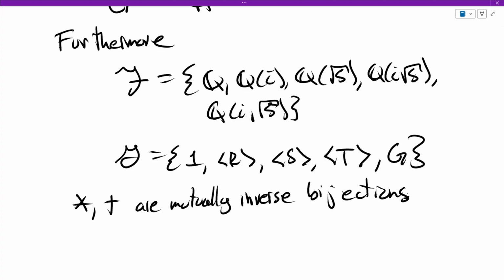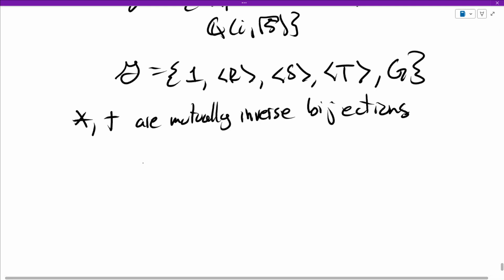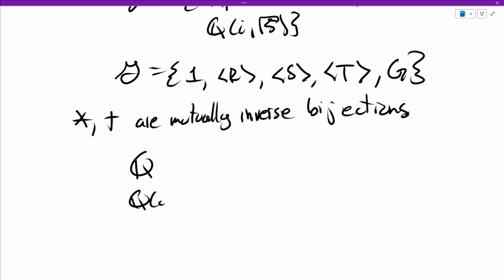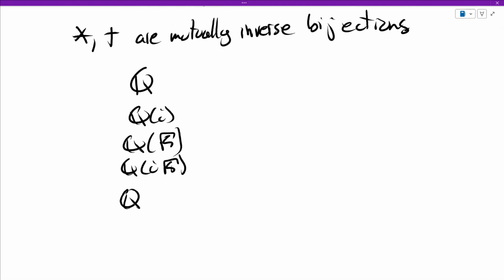I know this video is a little bit long, but let me just say a little bit more. So we have Q adjoin i, we have Q adjoin root 5, we have Q adjoin i times root 5, and then we have Q adjoin i comma root 5. And then we have the identity, which I'm going to write as 1 just to make it a little bit easier.